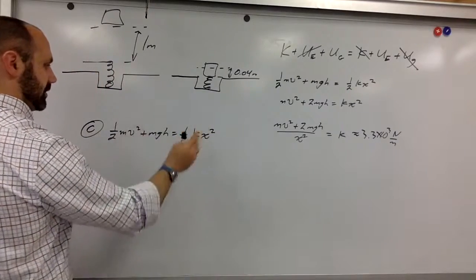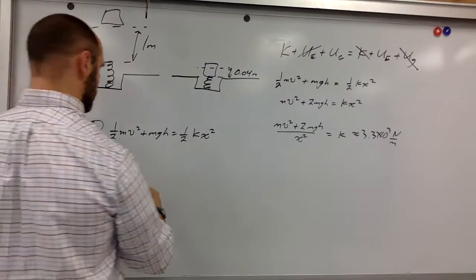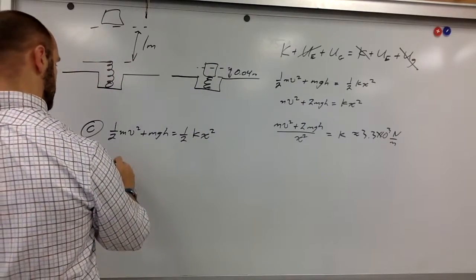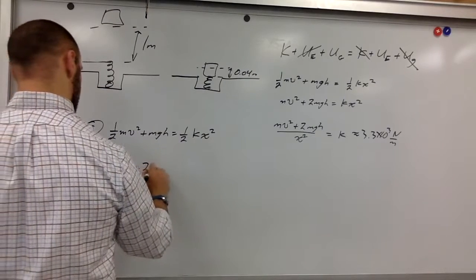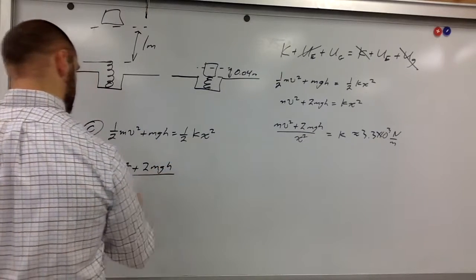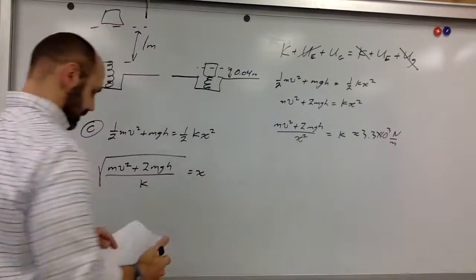If I multiply everything by 2 and then divide by k and then take the square root, that'll be really nasty, but that's what we have to do. So I've got mv squared plus 2mgh over k, and I take the square root, and that's equal to x.